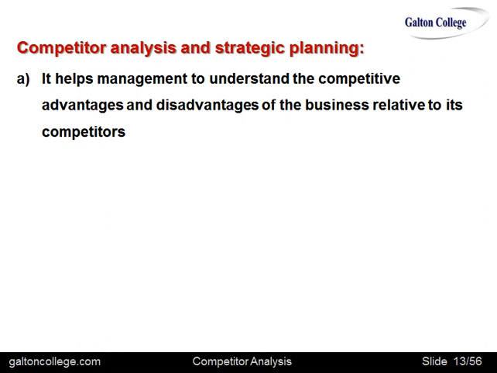Clearly, if management have a good idea of what the competitors are doing and what price they're setting and what plans they've got for innovation and the way they organize themselves, then it's able to, if you like, benchmark itself against them, and it knows what the advantages and disadvantages of the business are. So it's able to make changes to the business so as to more effectively compete with the other companies in the market.